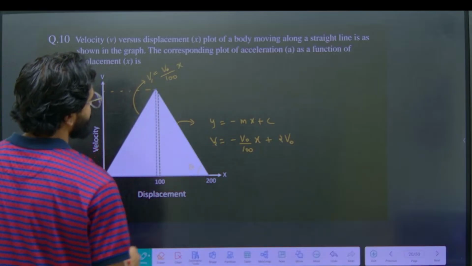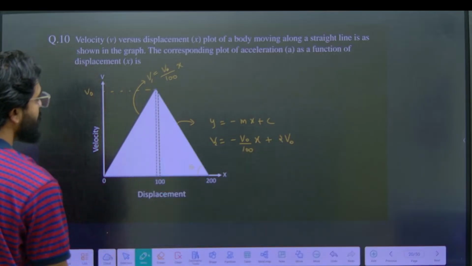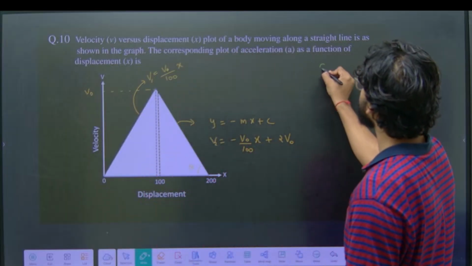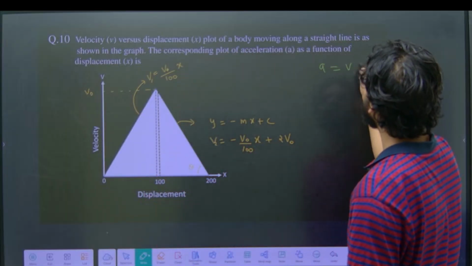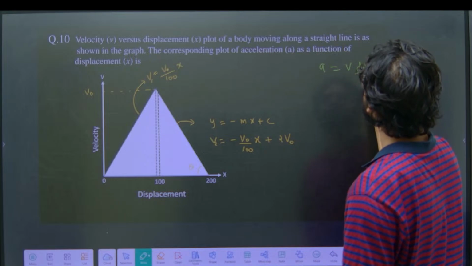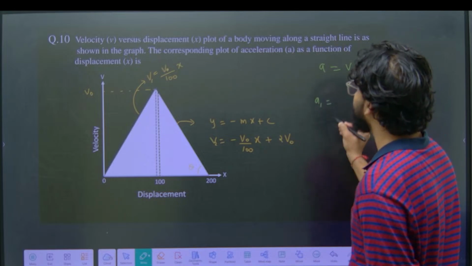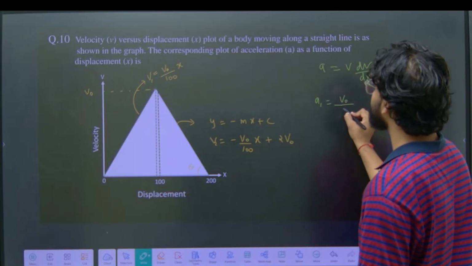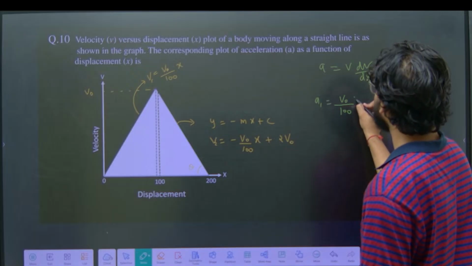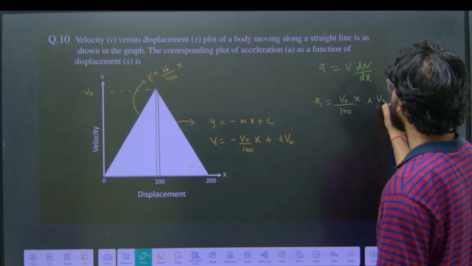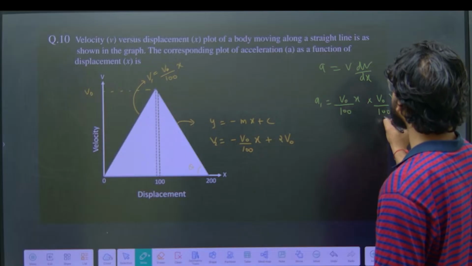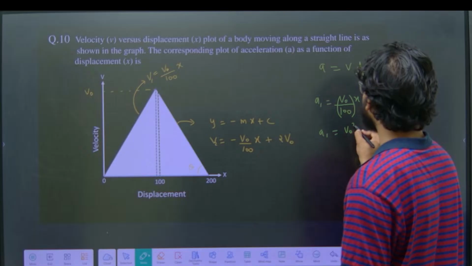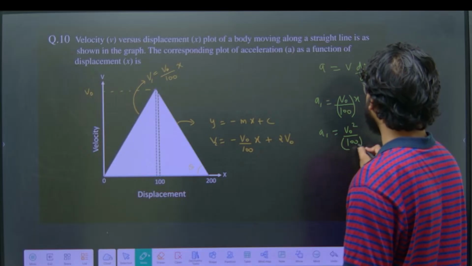So we have to plot the curve. This is v1. Let's say this is v2. We know clearly that acceleration is v dv by dx. So a1, if we write it, it will be v, which is v naught upon 100 x, into dv by dx. So it will be this thing only. So a1 is coming out as v naught square upon 100 square into x.